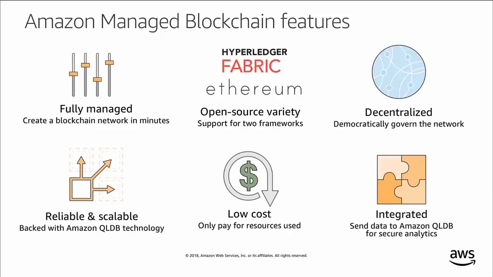But in a blockchain network, that would give one person, maybe the initiator of the network, more power than anyone else. And so the service enables you to not have that issue by outliving, or being available beyond, the person who created it. What I mean is, if I create a blockchain network, invite all of you, and then I leave the network, maybe I terminate my AWS account, that network is still fine, and everybody running it can continue on.